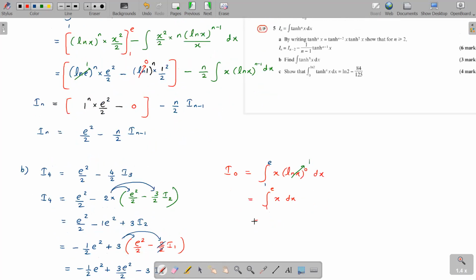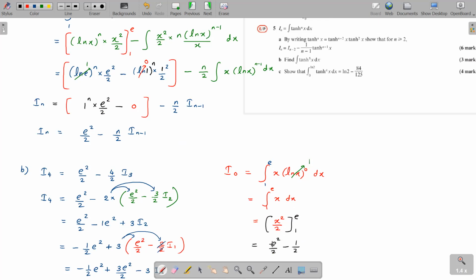So what do we get here? When we integrate, x square over 2, and make sure you give your integral limits, from where to where? From 1 to e.